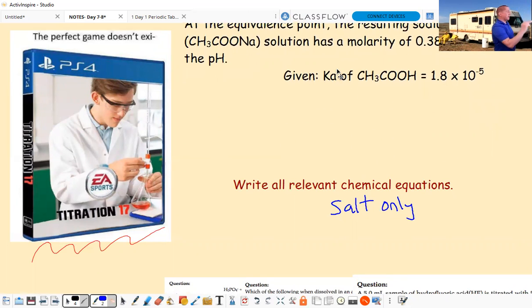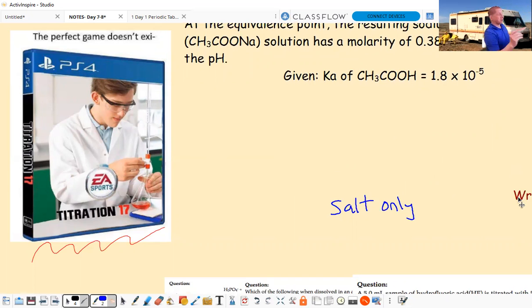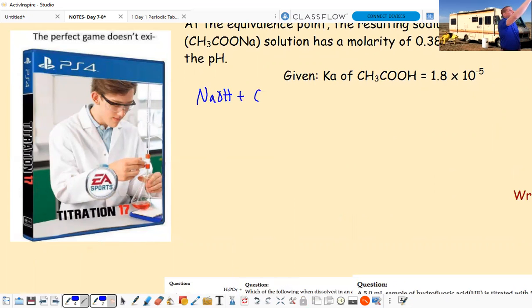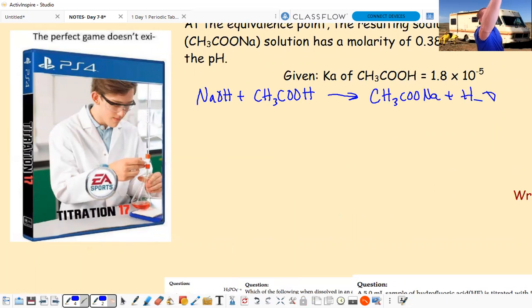All right, so let me do the chemical reactions first. So write all chemical reactions that are relevant. So the first one would be, I'm adding the strong base, NaOH, with the weak acid, and the result would be, all right, so there's our reaction.